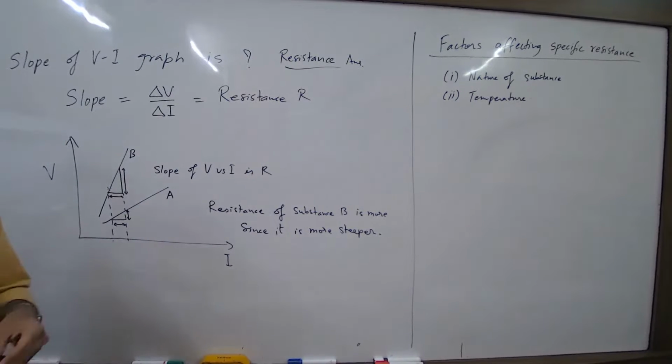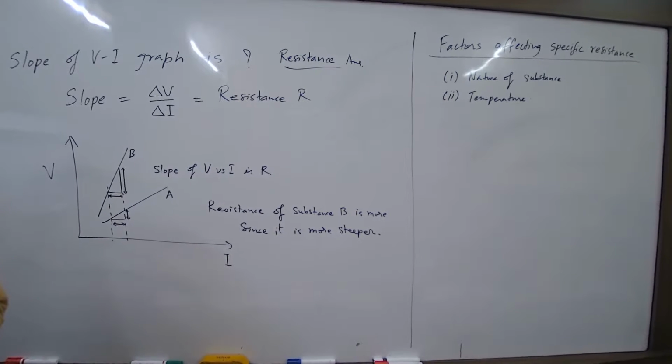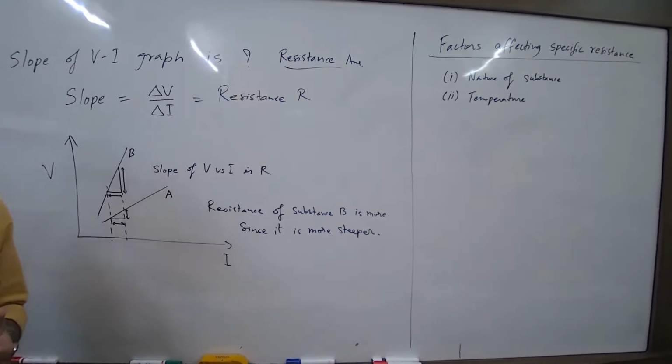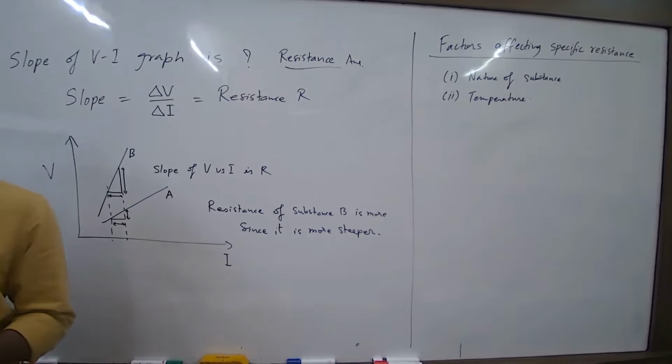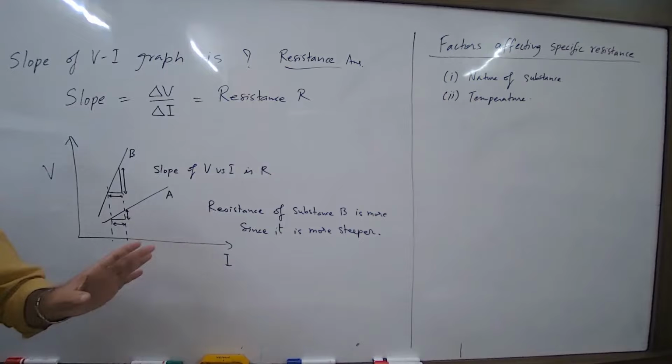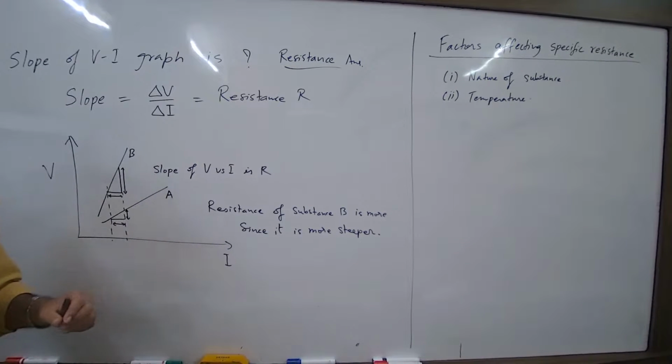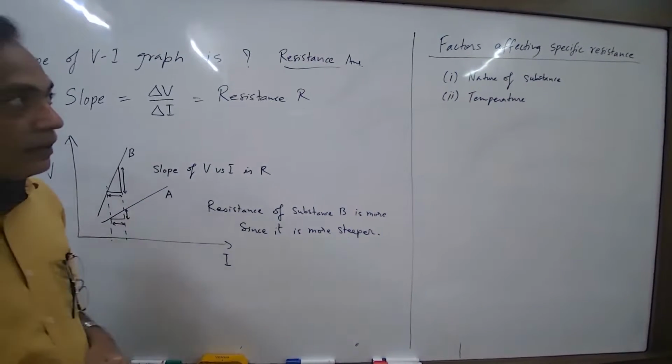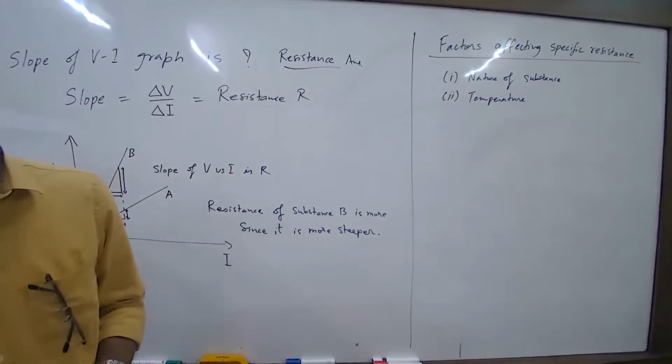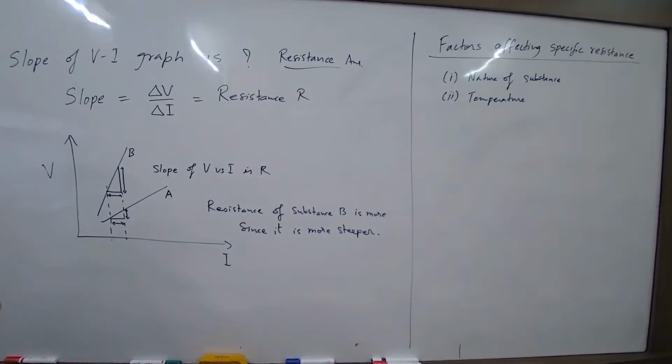Or when you change the substance, copper to silver or copper to gold, the specific resistance will be different. Will it change with dimension? No. Why? Because the way we have defined specific resistance, it is defined only for unit length and unit area of cross section. So whatever the dimensions are, when we say specific resistance, its dimensions are fixed. These are the two factors on which specific resistance or resistivity depends.